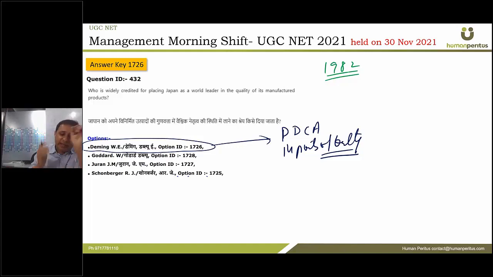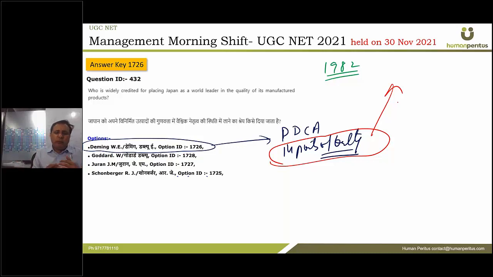So at that time Deming ji told that if you follow these 14 points of quality, US firms can beat Japanese firms in manufacturing in general and automobile in specific. And he's known as the father of modern quality, and he's widely credited for placing Japan as a world leader.